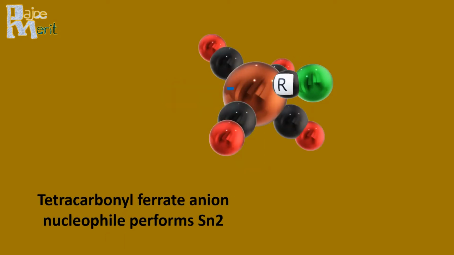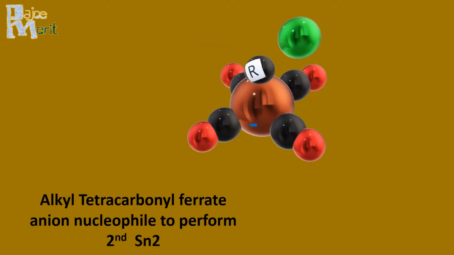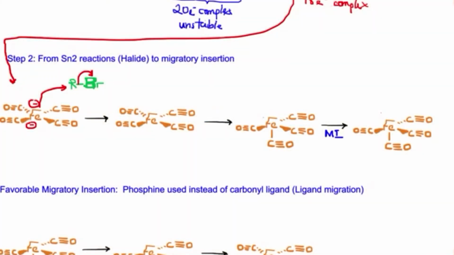Now what happens is that first the metal performs an SN2 reaction, picking up the R, and this R cleaves from the bromide, and this leads to the bonding of our R group on the metal side. We'll call this R1 right there, and we notice as well that there is now just one negative charge on the ion.